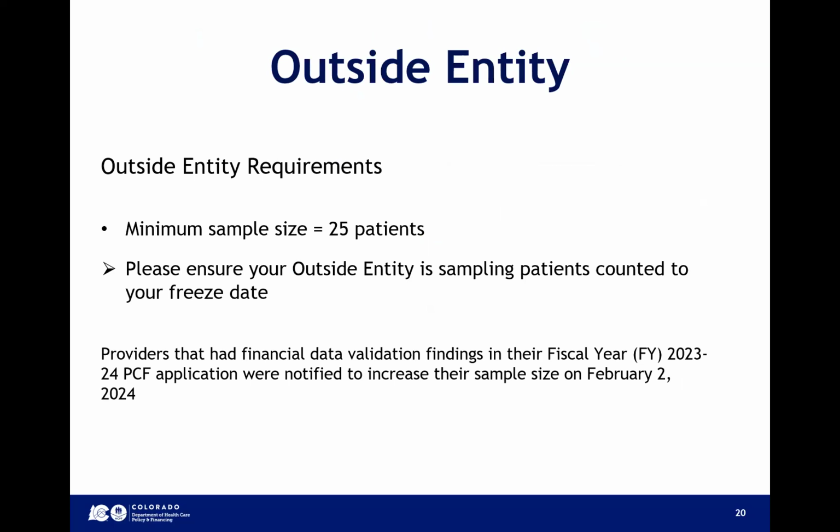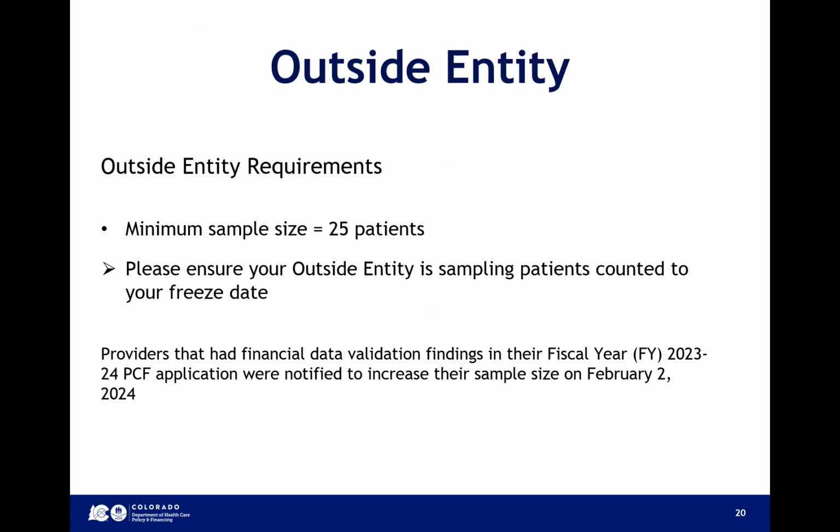The outside entity includes the criteria and requirement of your outside entity. The outside entity is required to sample a minimum of 25 patients. Providers that had financial data validation findings during the fiscal year 23-24 application were notified to increase their sample size on February 2nd, 2024.